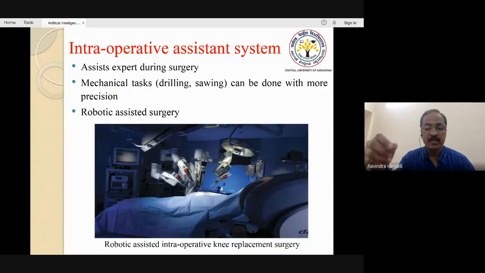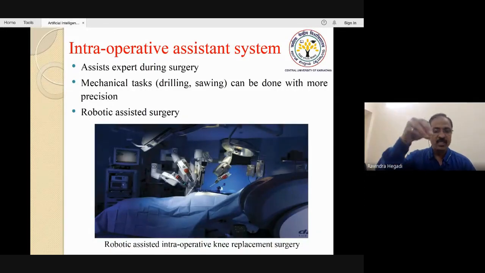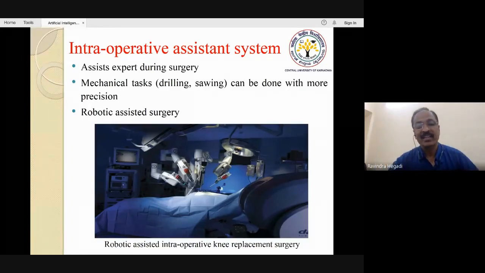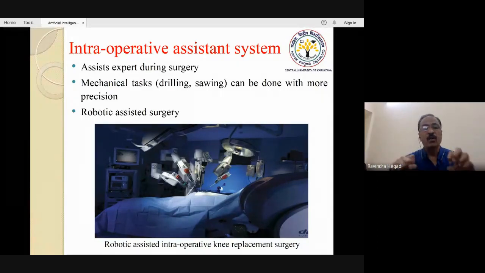This is basically robotic assisted, where robots perform the surgery. But robots performing surgery doesn't mean that doctors are not there. Doctors are sitting over there, watching the videos and helping the robots. The robot will not conduct the entire surgery; the doctors will take the assistance of robots. Entire control will be in the hands of the doctors only.